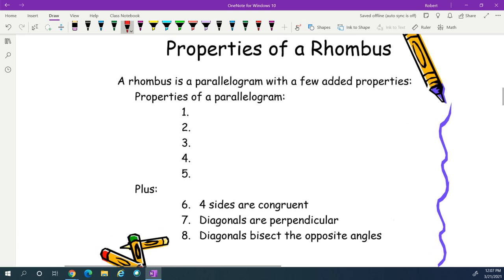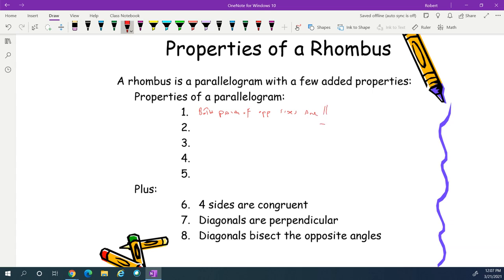The properties of a rhombus include the five properties of a parallelogram. So remember things like both pairs of opposite sides are parallel and both pairs of opposite sides are congruent.